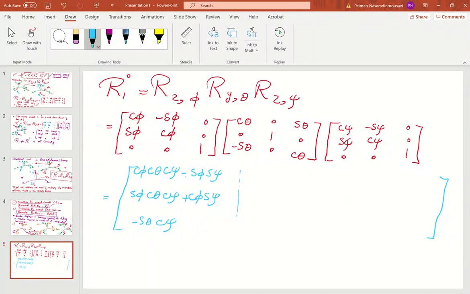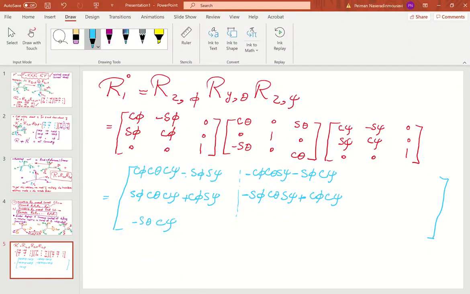See the first row? Second row, second column is minus cosine phi, cosine theta, sine psi, minus sine phi, cosine psi. Here is minus sine phi, cosine theta, sine psi, plus cosine phi, cosine psi.